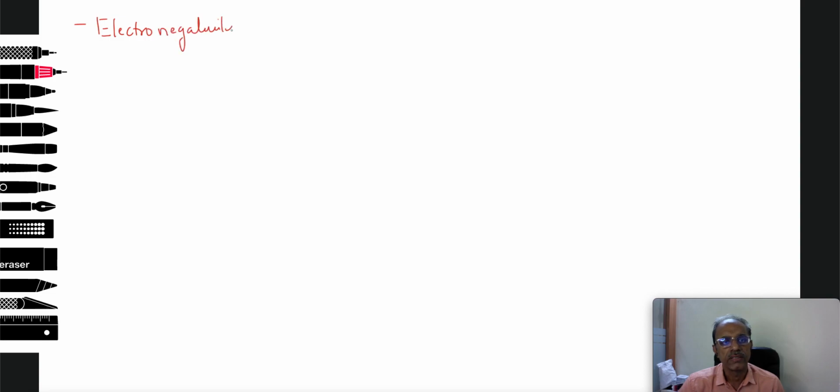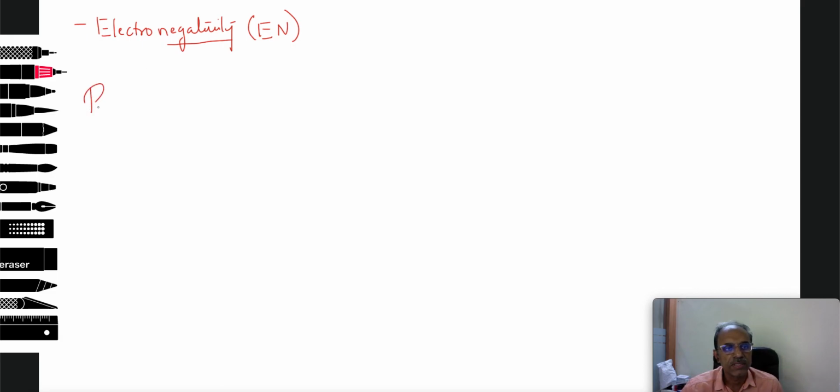Electronegativity. It is also known as EN. It is represented many times. But what do you mean by electronegativity? Now, as I told in the previous slide, there are functional groups which are electron withdrawing groups. They pull electrons towards themselves. If they pull electrons towards themselves, it will become rich in electrons.